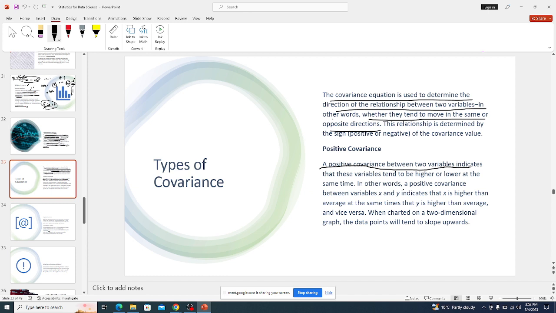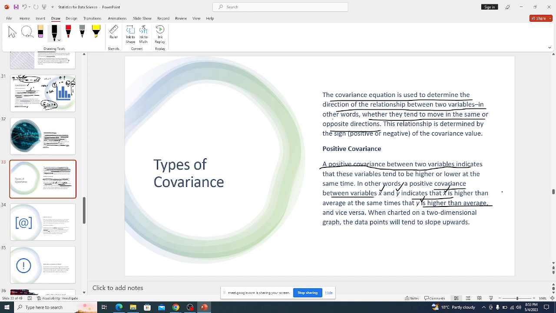In other words, a positive covariance between variables x and y indicates that when x is higher than the average, then at the same time y will be higher than the average, and vice versa.